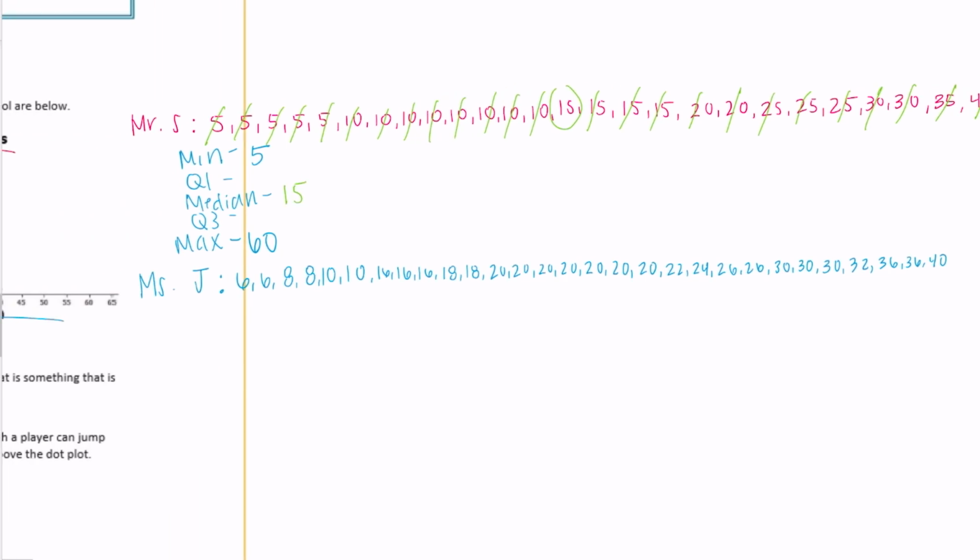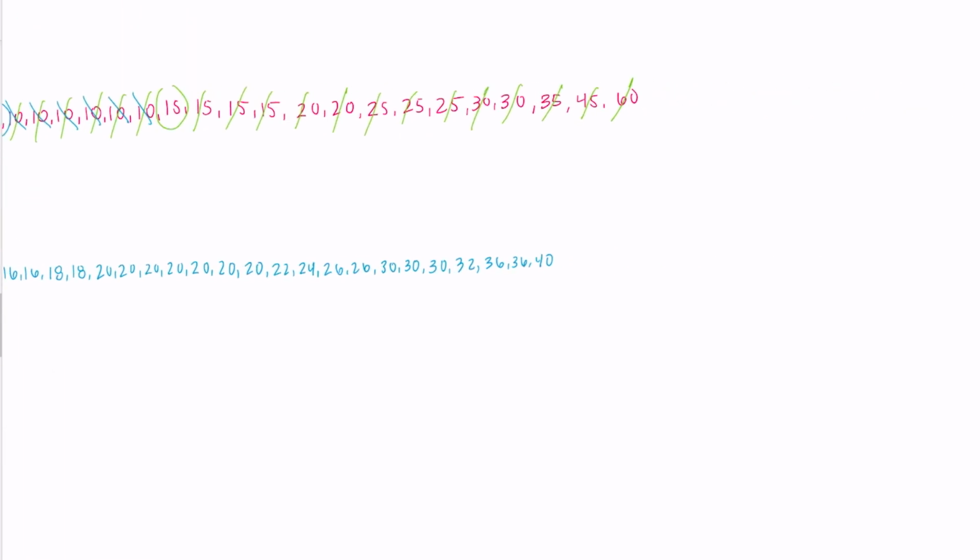So let's find quartile 1 and quartile 3. Quartile 1 is 10, and for quartile 3, we're basically just finding the middle of the second half.